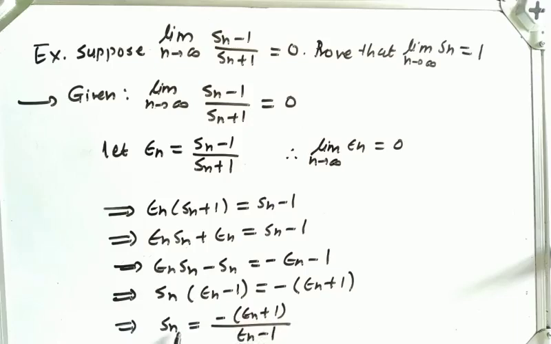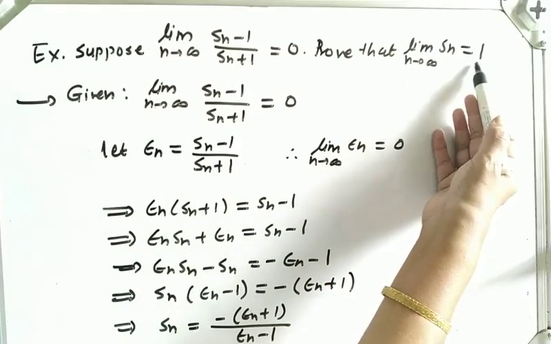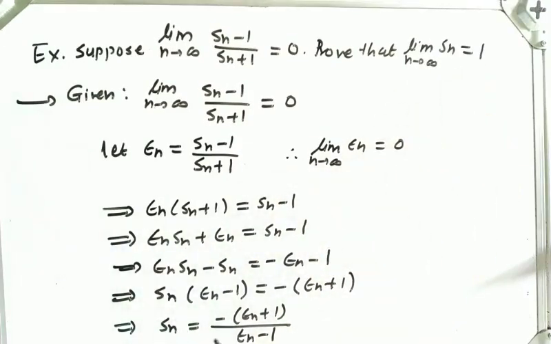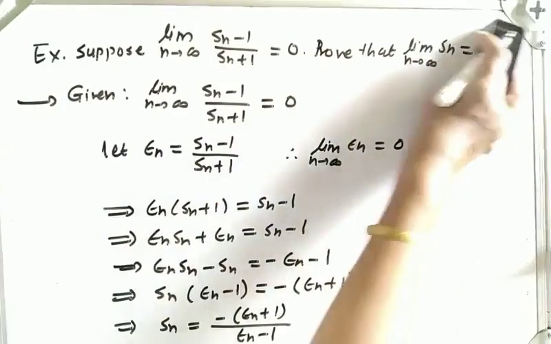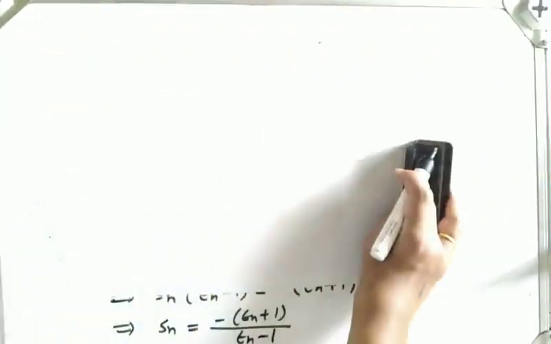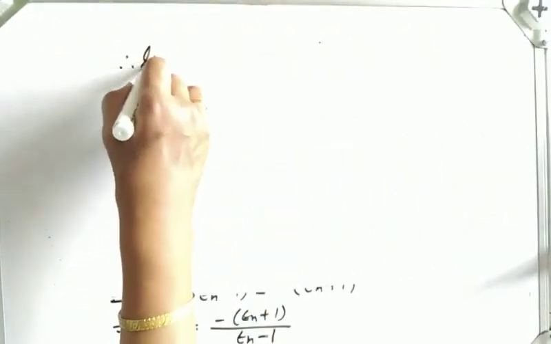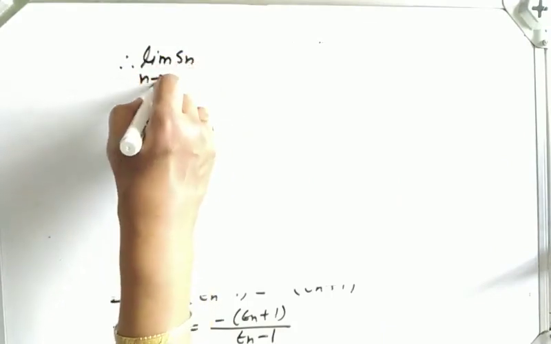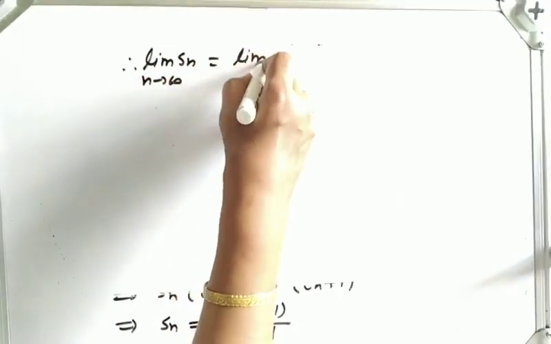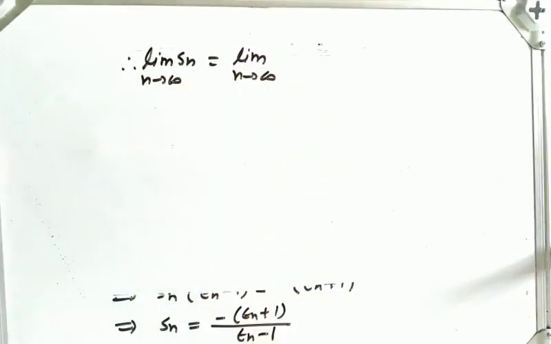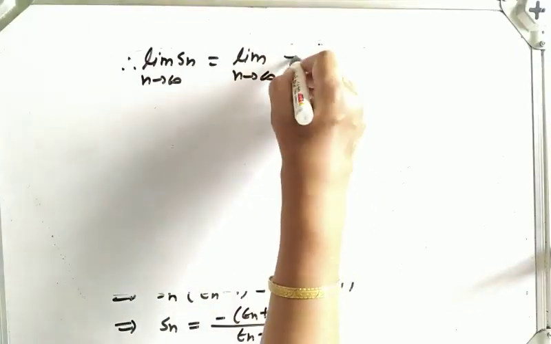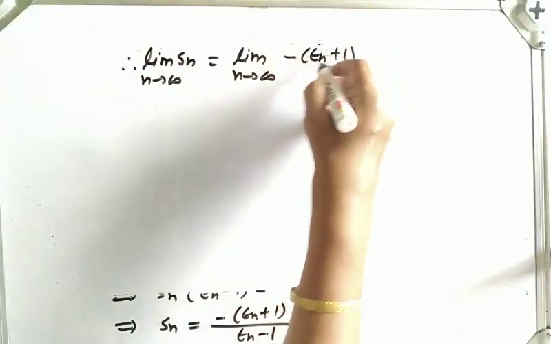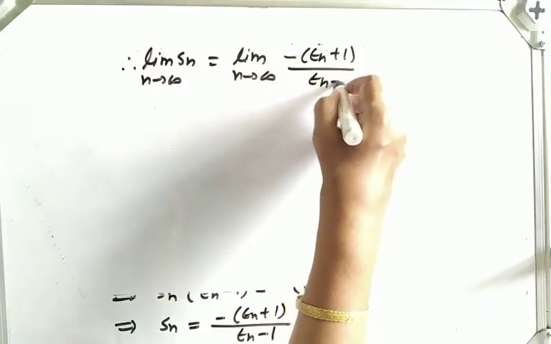What we have to prove? We have to prove limit of Sn is 1. So let us apply limit to both hand sides. Therefore, limit of Sn as n tends to infinity is equal to limit n tends to infinity of minus (epsilon n plus 1) upon (epsilon n minus 1).